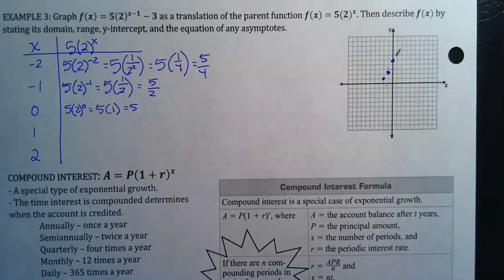So this one's increasing very quickly. This is going to be 5 times 2 to the first power. So 5 times 2 equals 10. So it's 1, and then 1, 2, 3, 4, 5, 6, 7, 8, 9, 10. Way up there.